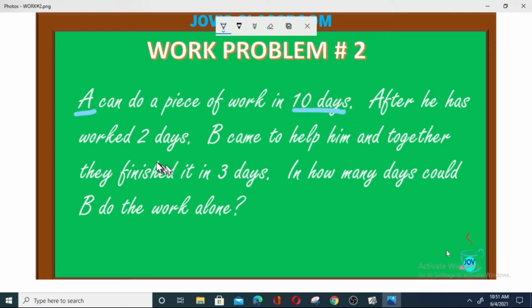After he has worked 2 days, B came to help him, and together they finish it in 3 days. How many days could B do the work alone?